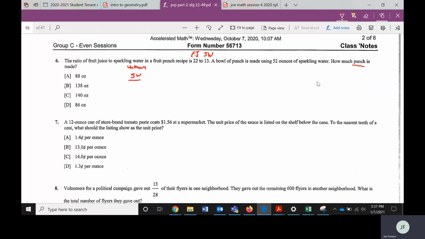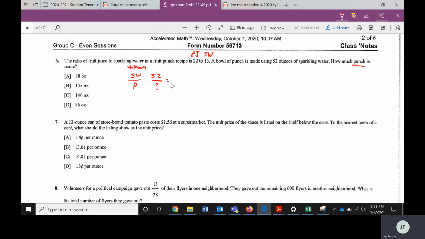Sparkling water, and we want to know if we have that much sparkling water, how much punch is made. So I'll just use P. I won't use FP. We won't confuse it with the F. So in our unknown, it's 52 ounces of sparkling water. And we don't know how much punch that makes.